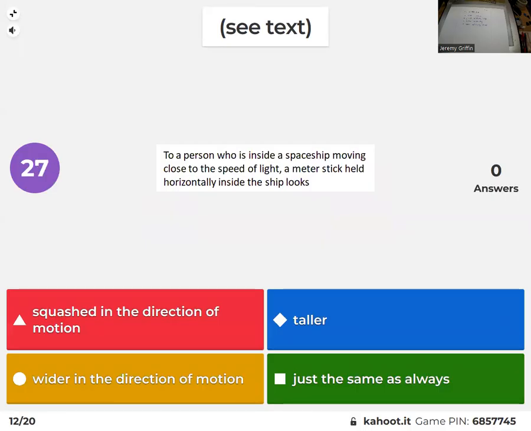To a person who is inside a spaceship moving close to the speed of light, the meter stick held horizontally in the ship looks... Okay, so you are Rocket Twin, traveling with the rocket. What does the rocket look like to you?